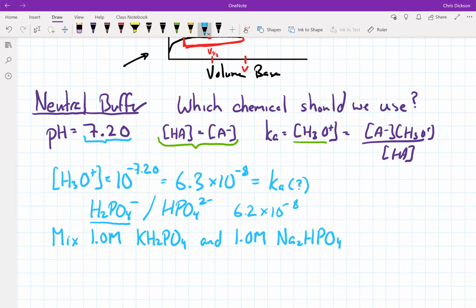And if I do that, I've used quite high concentrations, and so I would think this buffer is going to be pretty capable of resisting drastic pH changes.